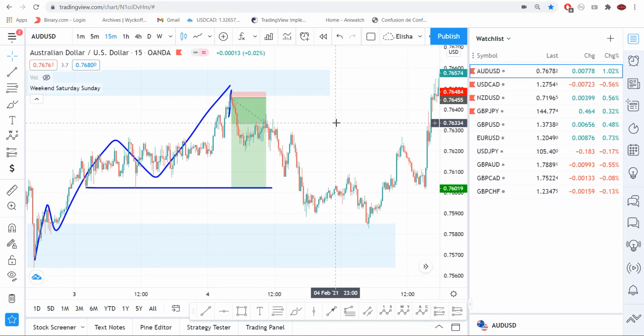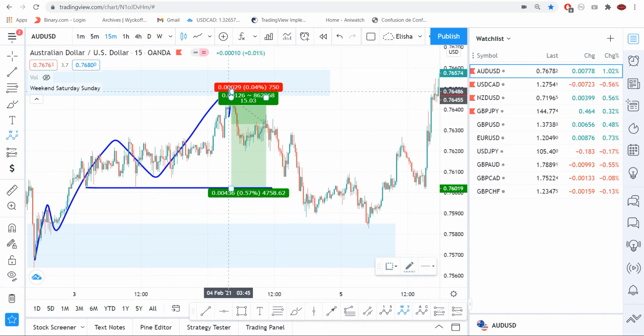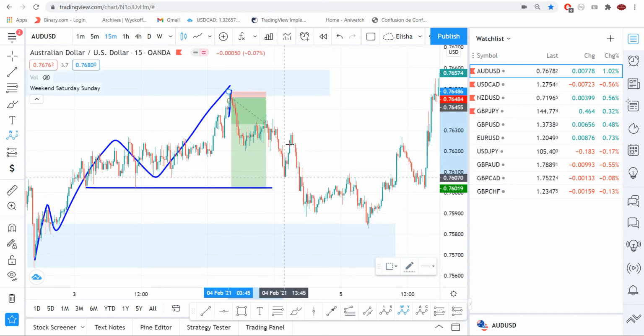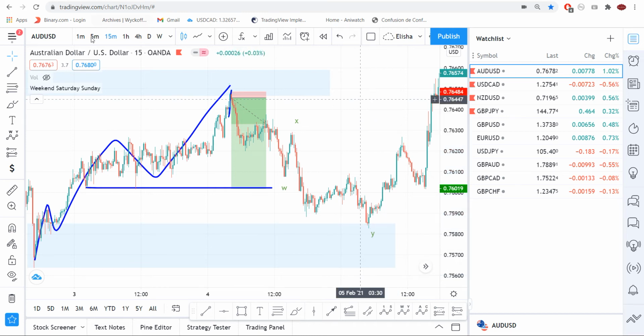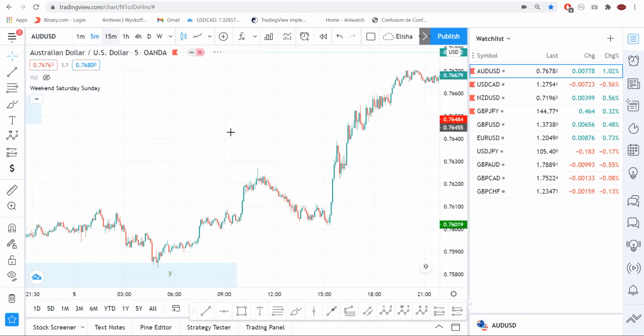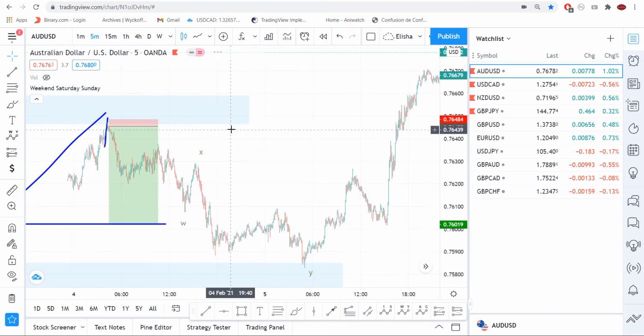All right, so looking at how price approached the order block zone, we can clearly identify a double zigzag pattern. Right, let me go to a lower time frame to get a clearer view of what we're looking at.